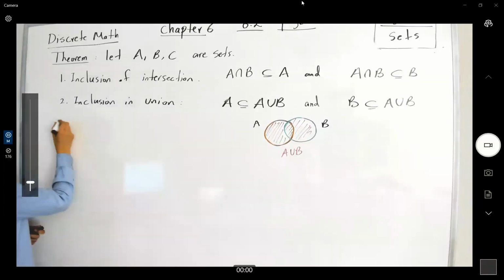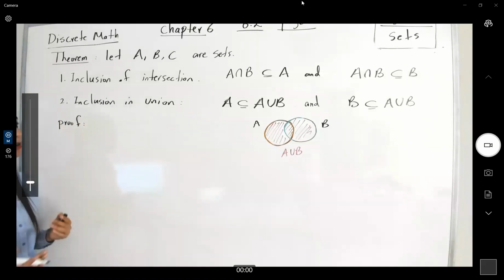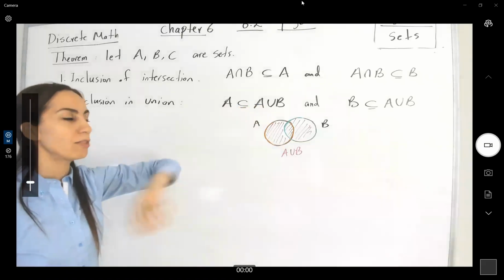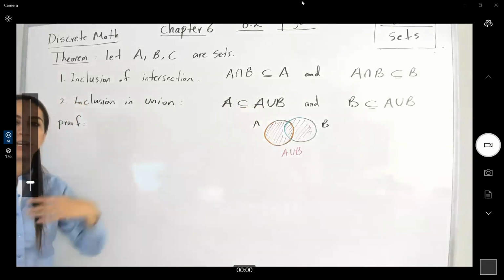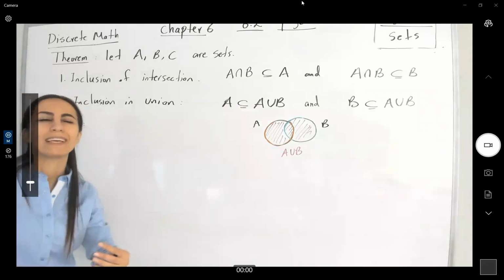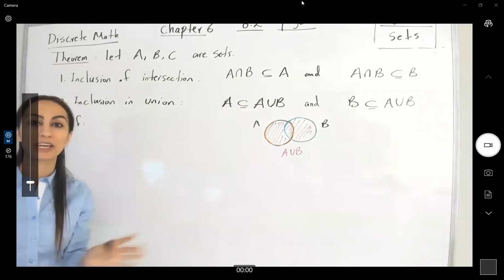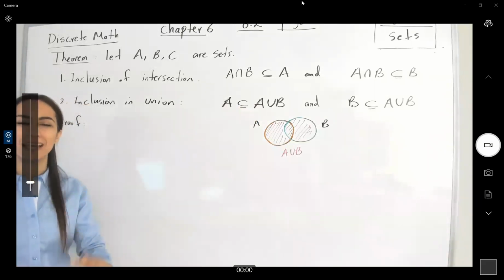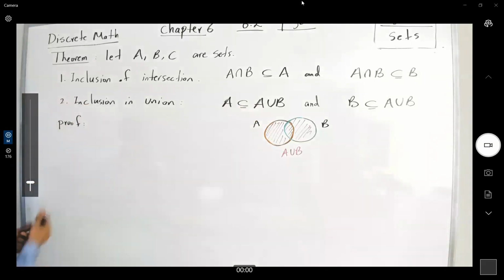Mathematically, the proof: our goal is to show that if I take any random element in A, that random element belongs to A union with any other set. I don't care what that set is. A union with any other set.